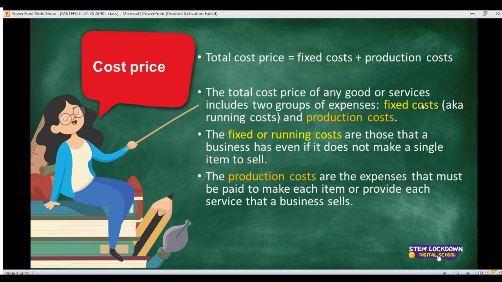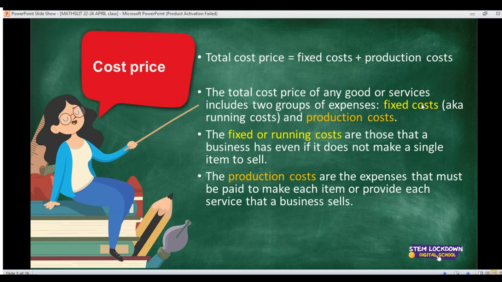So fixed costs would be rent. Let's make a typical example, especially right now during the lockdown. A lot of businesses are closed. But even whilst they are closed, they still have fixed costs which they need to pay. So maybe this business is renting a place in a building somewhere. They are still expected to pay that rent. Those are fixed costs.